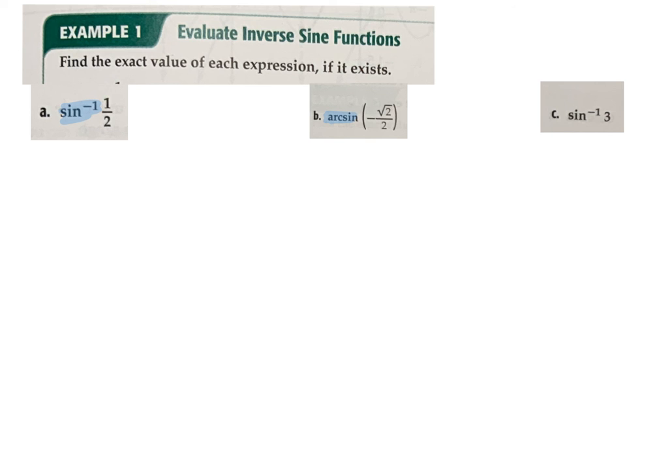Pi over 6. Sine is the y value. So the arc sine of 1/2 is pi over 6. What does this mean? It means the sine of pi over 6 equals positive 1/2. So your answer here would be pi over 6.